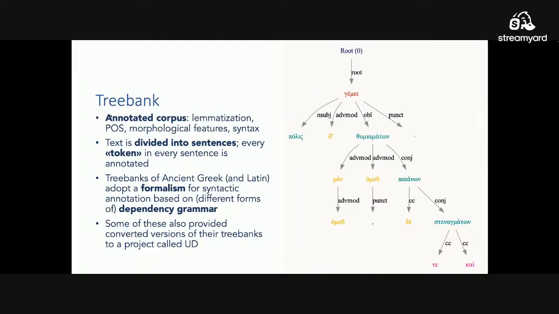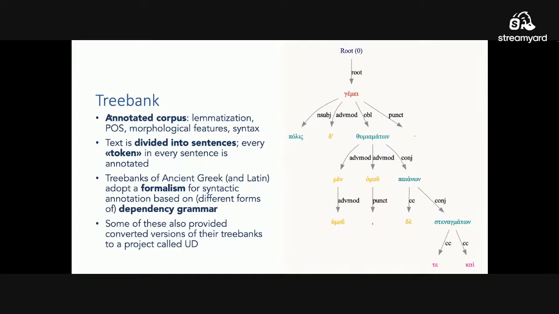Whenever we are including a text into a treebank, we need to perform a series of operations. We'll see that in more detail in a second. First of all, we need to divide the text into units that we can analyze. And since we are talking about syntax, the first unit that we need is the sentence. So we need to divide the text into sentences.